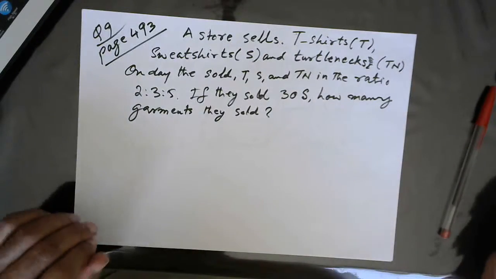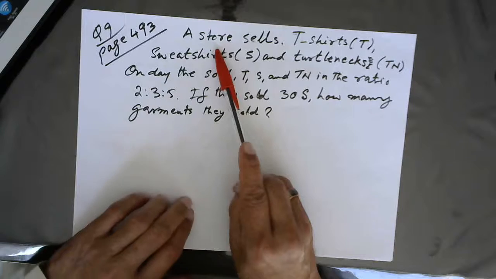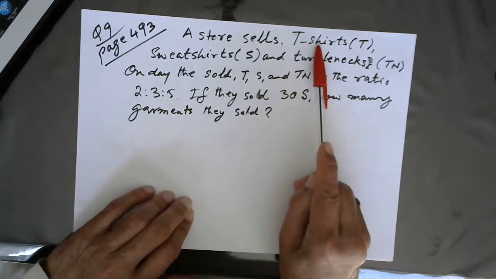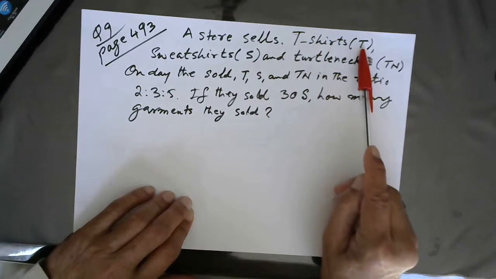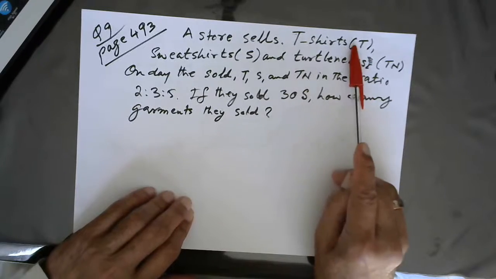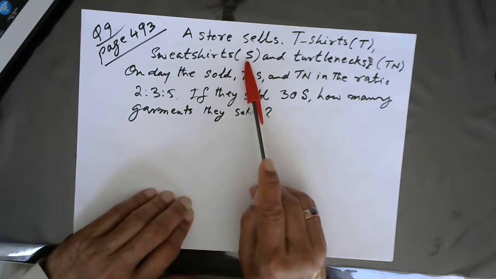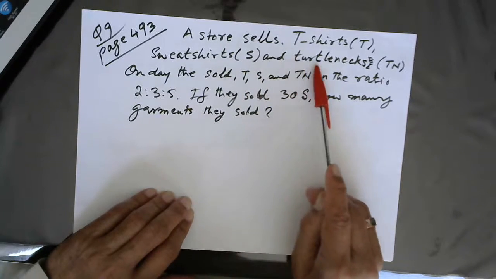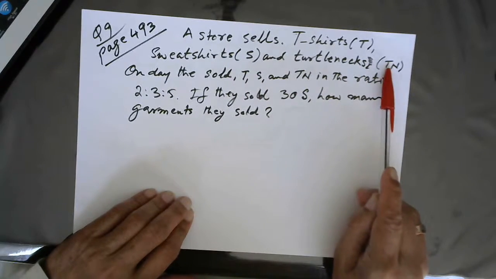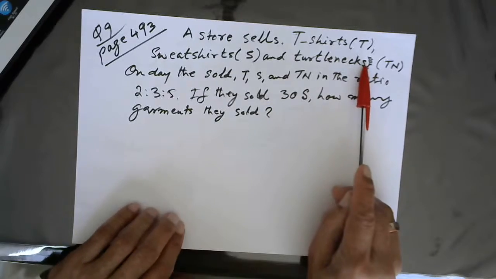Question number 9 says, a store sells T-shirts, and I will use T for T-shirts, sweatshirts, and I will use S for sweatshirts, and turtlenecks, and I will use TN for turtlenecks.